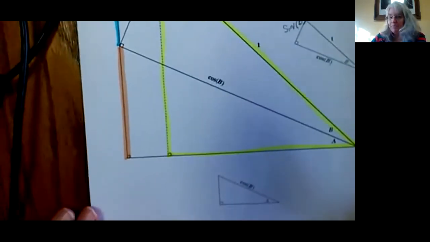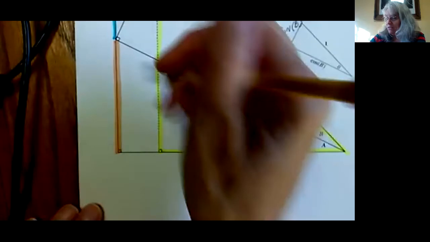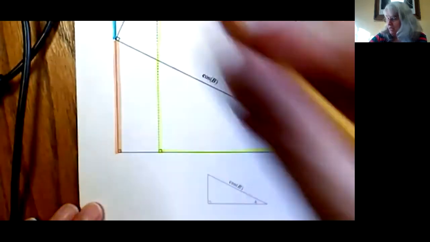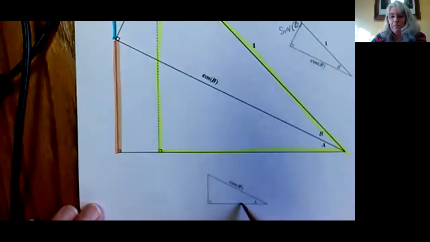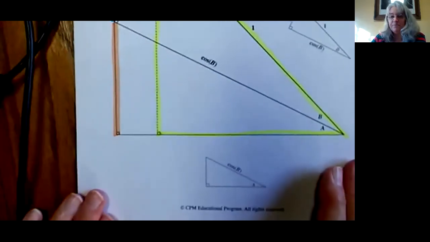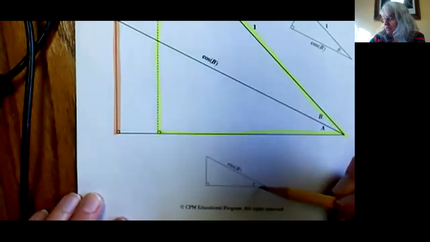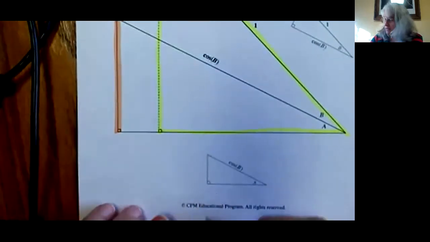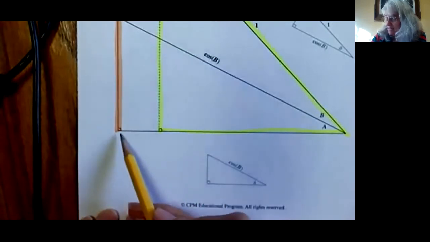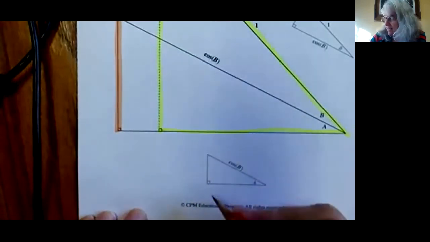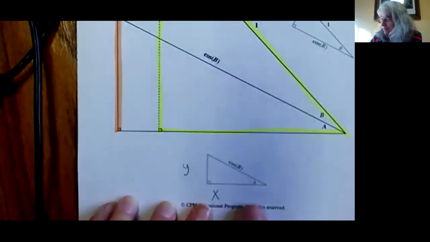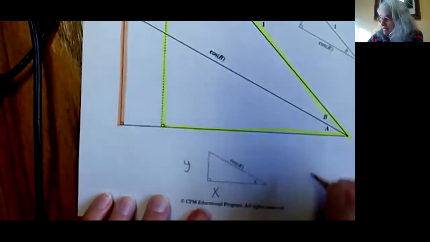Let's take a look at this triangle right here, which is being represented down here by this triangle. We know its hypotenuse is the cosine of B. Let's figure out what this side length is going to be, which is this length and this length. Let's call it X, and let's call this Y. All right, so let's think about this.